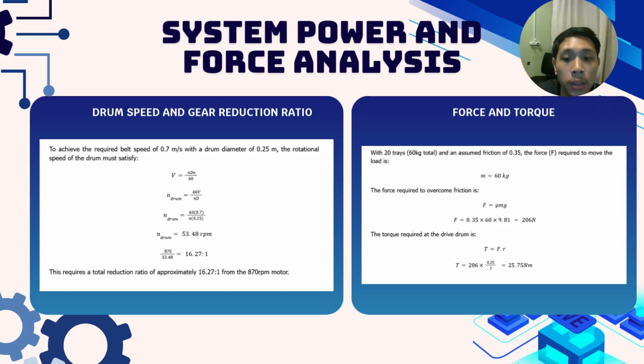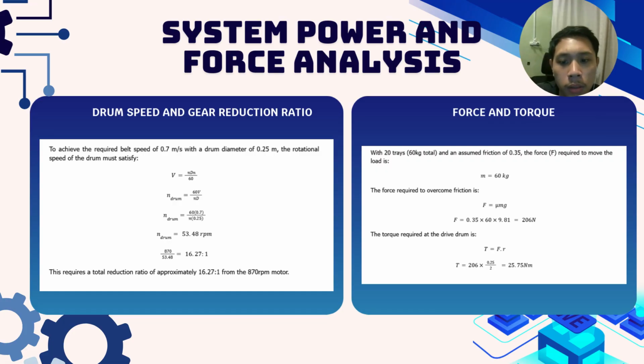As you can see here, the required drum speed is 53.48 rpm. When we compare this to our motor speed of 870 rpm, it reveals that our gear arrangement must provide a total reduction ratio of approximately 16.27 to 1 to maintain the correct belt velocity.